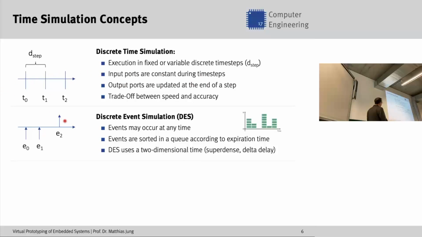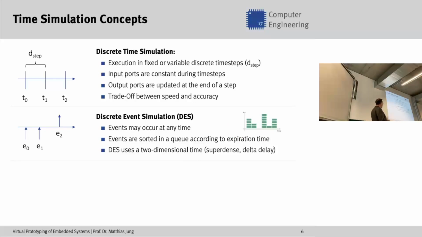The distance between events can also vary. And we will talk about this in the lecture a lot. The events are sorted in a queue according to their expiration time. And in discrete event simulation, we use the concept of a two-dimensional time, which is also often called super dense time or delta delay. You see it here, so we will talk about this.